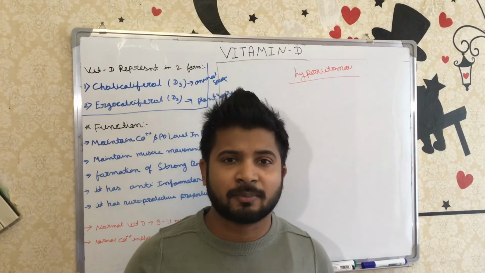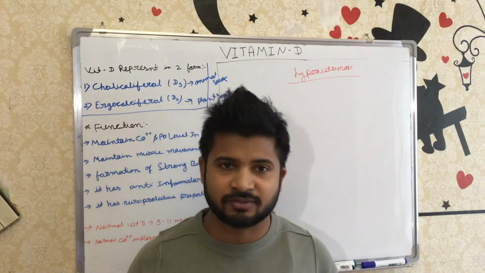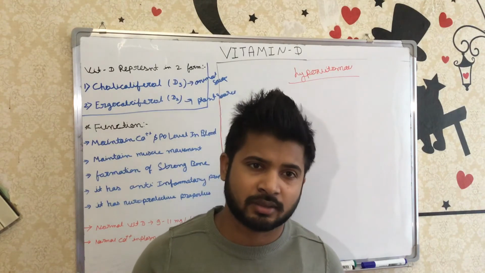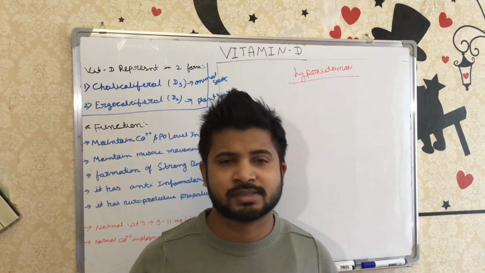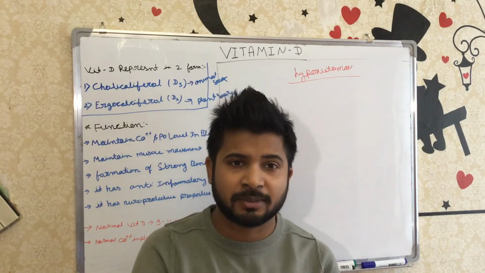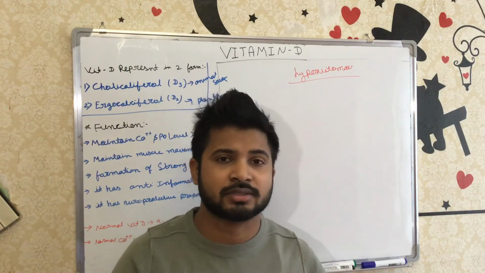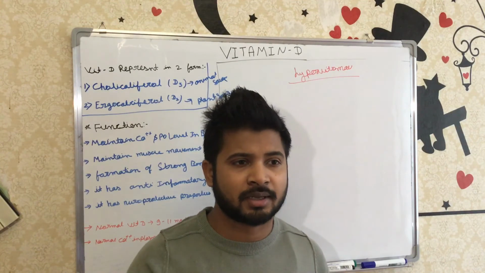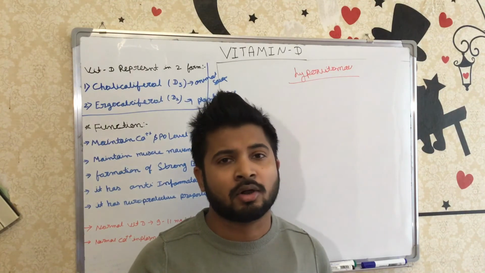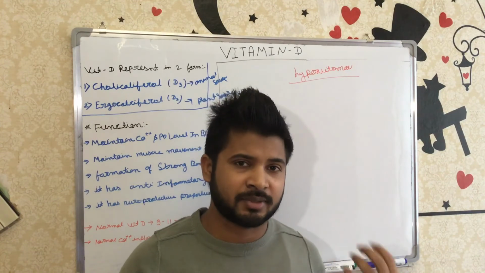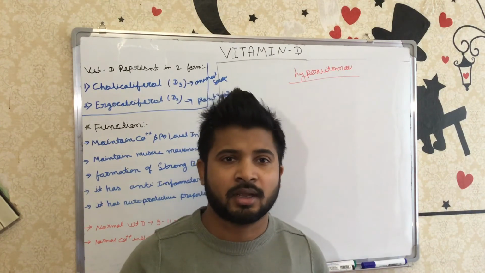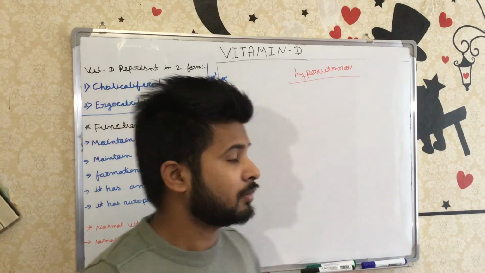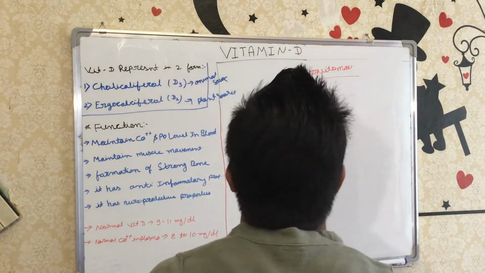So those persons who have liver or bile problems can also develop vitamin D deficiency. And chronic renal failure, as I said, can also lead to vitamin D deficiency. You have to keep this in mind, that some other pathological conditions can lead to vitamin D deficiency. Even in bile deficiency, a lot of problems can occur, not only in one vitamin; all fat soluble vitamins can be interrupted, and some other functions can also be interrupted. But keep this information in mind.